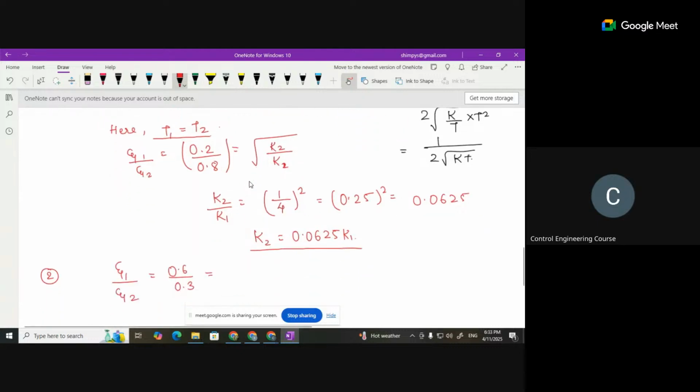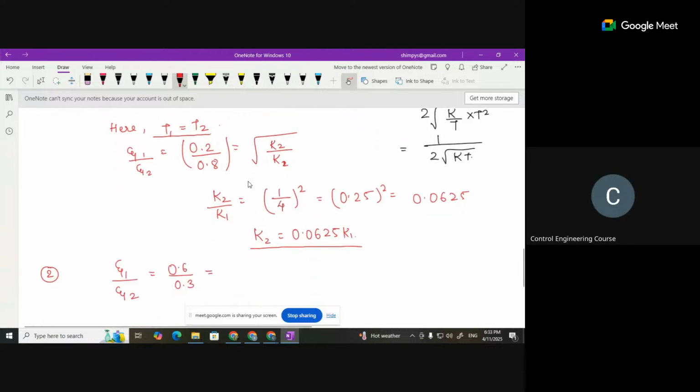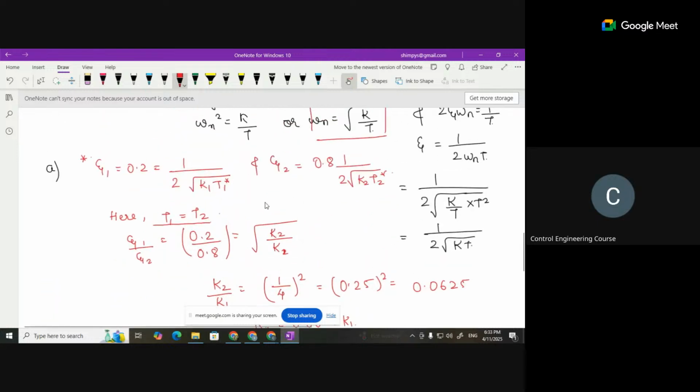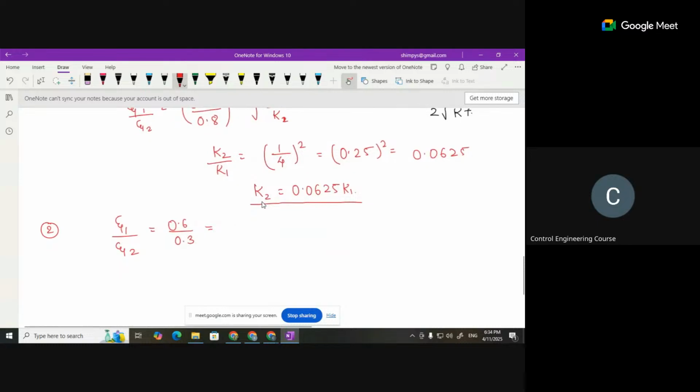Yes, ma'am. That is not mentioned exactly in the problem, but we have to assume that, right? So what will our expression now be from here? It will be root over T2 by T1 as K1 is equal to K2, right?